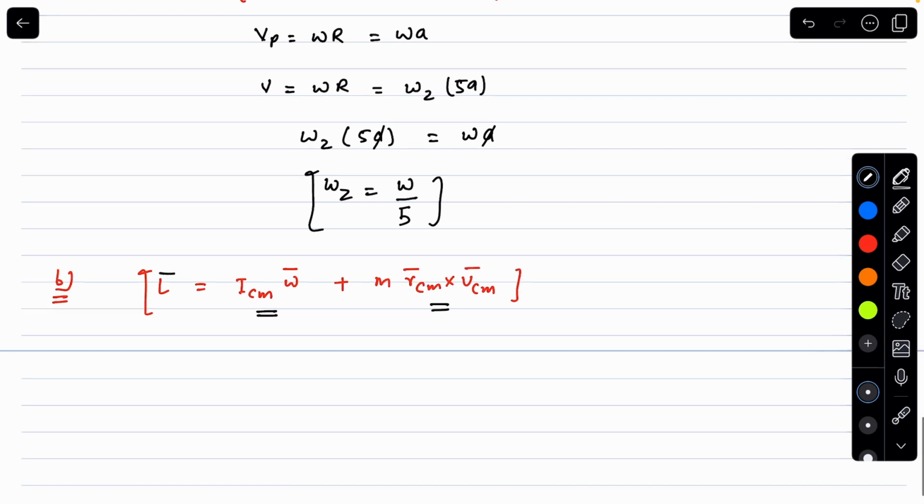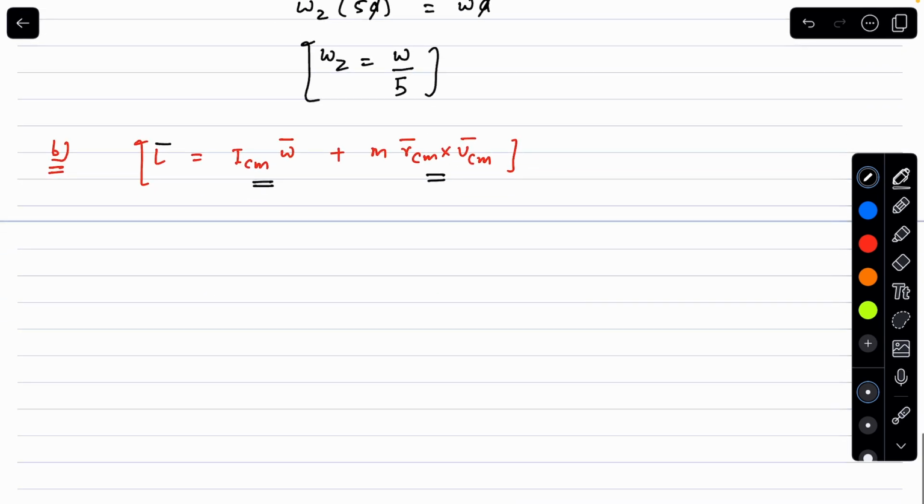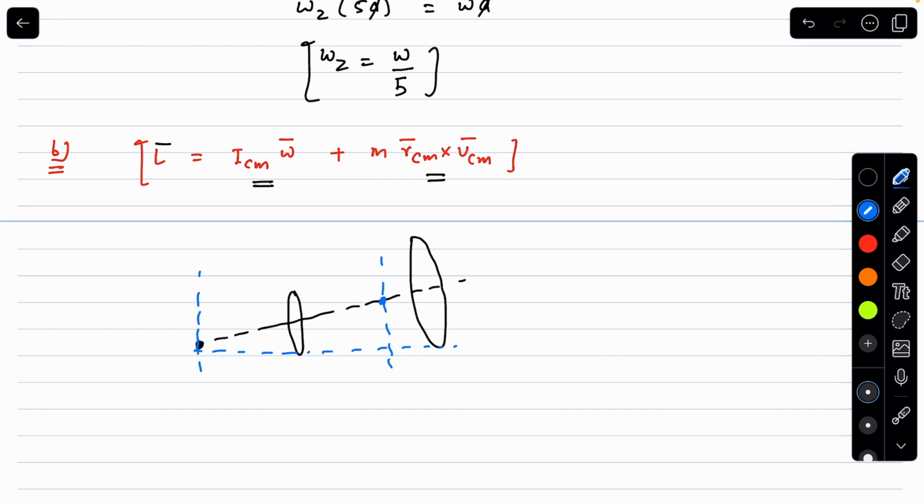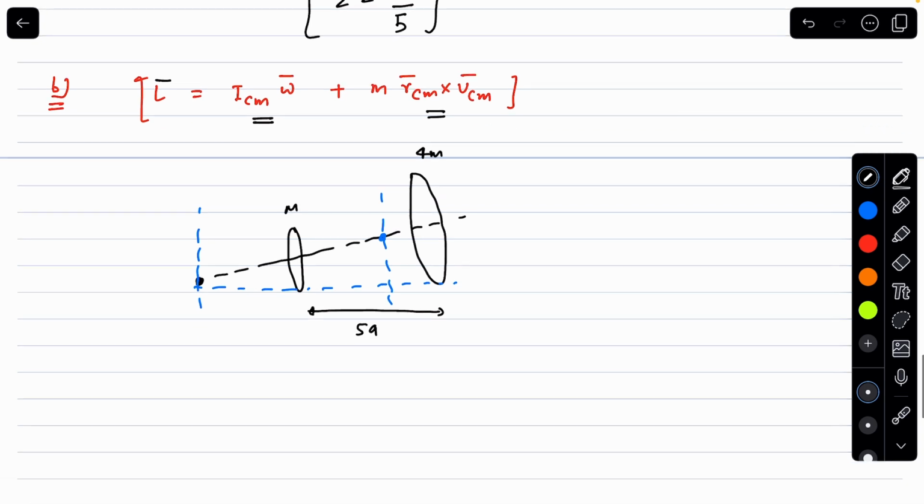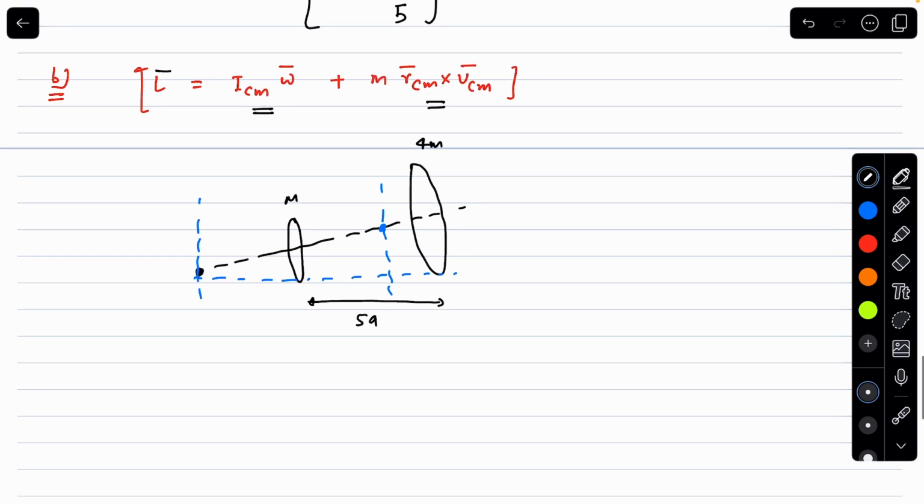Now if we look at this, we have the system like that. So let us first find out the location of the center of mass. The mass of this object is m, the mass of this object is 4m, and we know from the geometry this distance is 5a. So the location of the center of mass from the first object, R_CM, is m2 r divided by m1 plus m2.